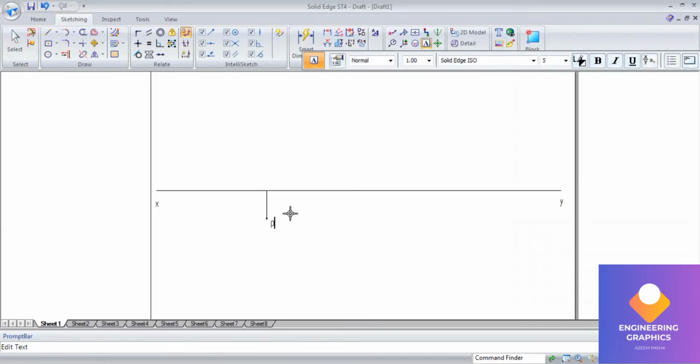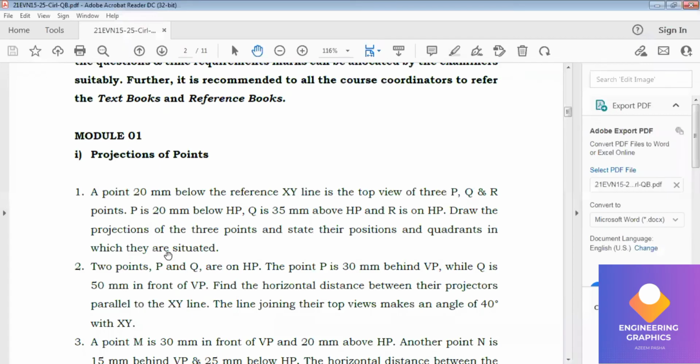This is P, Q and R. So these are nothing but your top views. You see P is 20 mm below HP. So below HP means the front view will be lying in the third and fourth quadrant.